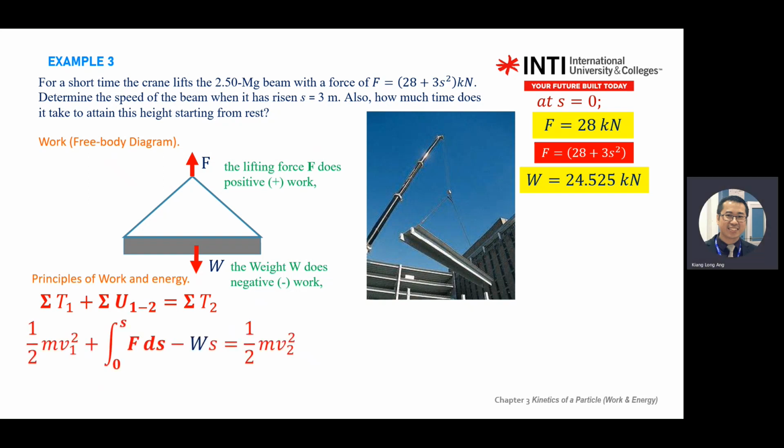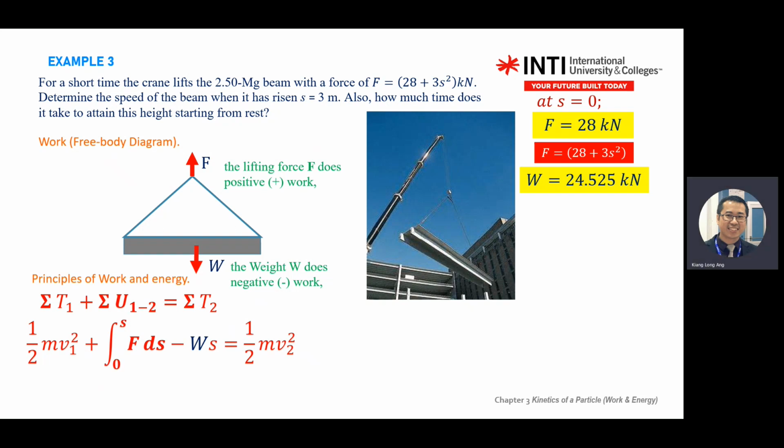You put in all the equations related to the energy and work. First, the energy T1 is your kinetic energy, half mv square. The work, how much work do you have? You have two forces, so you have two works. You have a positive work done by the force because the force is pulling up and the distance traveled is going up.